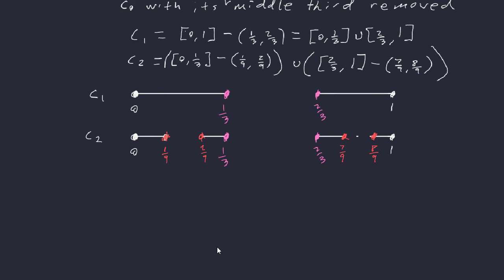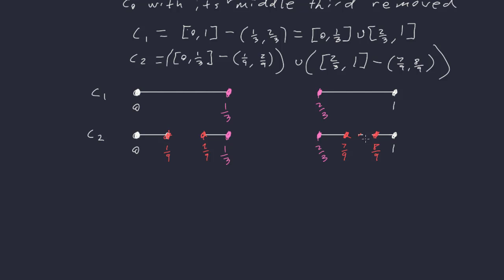And then, well, C3, whoops. I don't know what's going on there. For C3, we do it again. We remove the middle thirds again. Okay, so here's C3, and I'll do this next piece in orange.